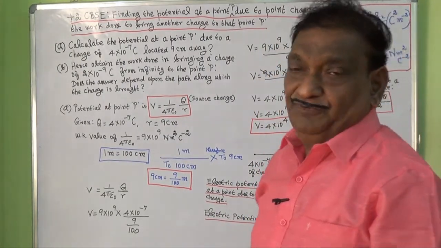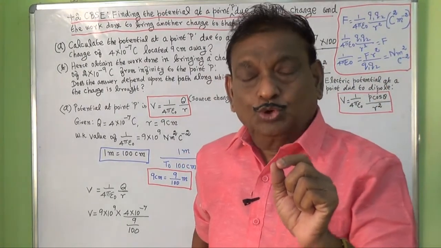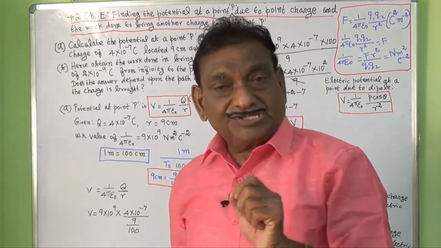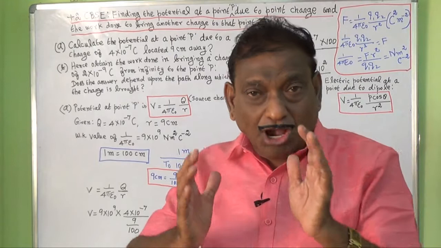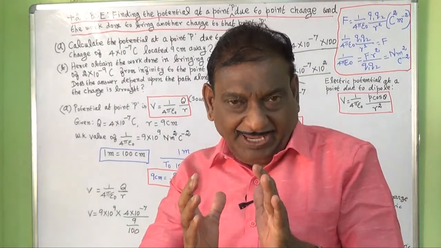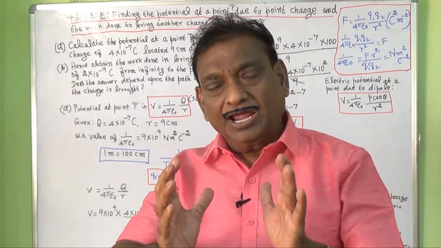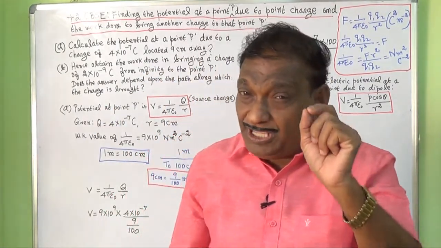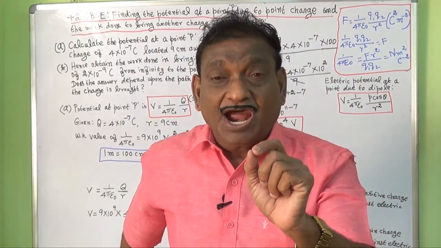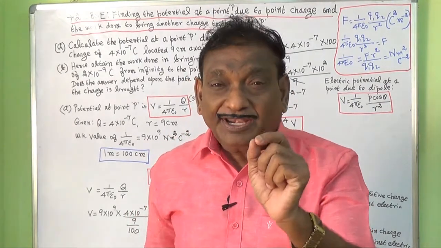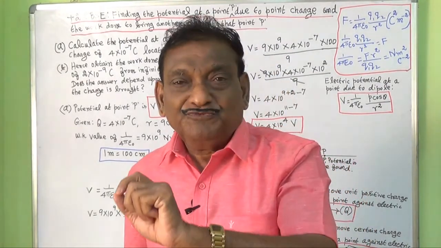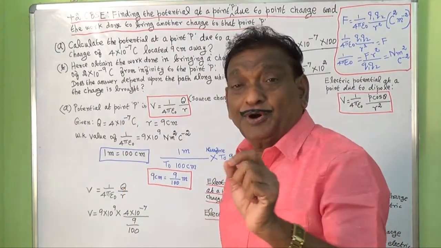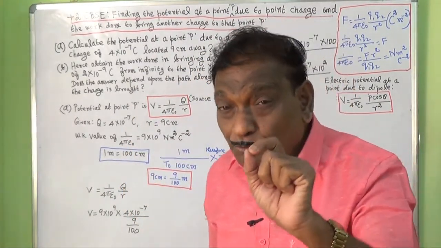First, we are going to do the sum A. In this sum, it is asked to find the electric potential at a point P. That point P is placed at a distance of 9 centimeter from the charge 4 into 10 to the power of minus 7 coulomb.